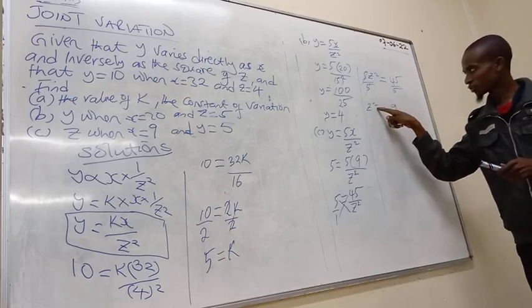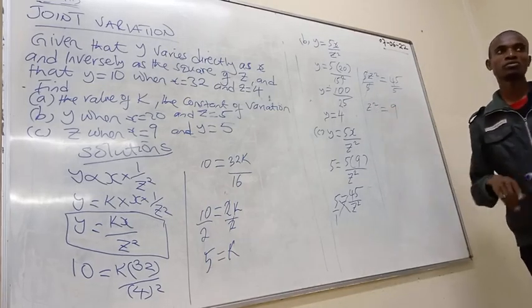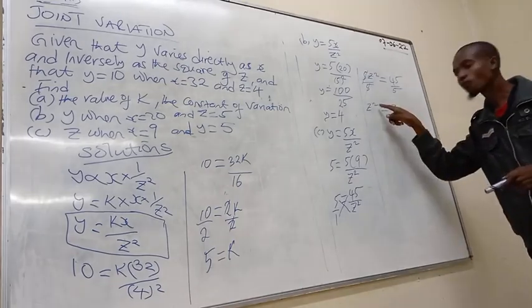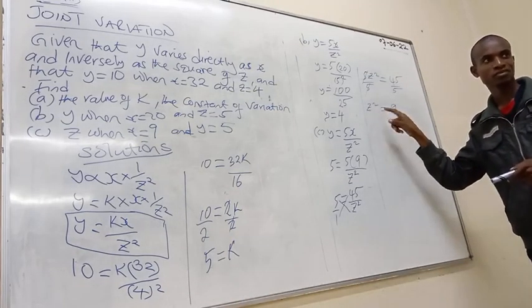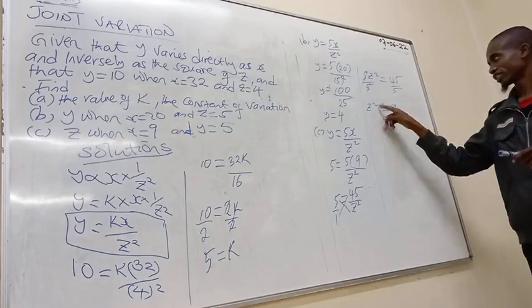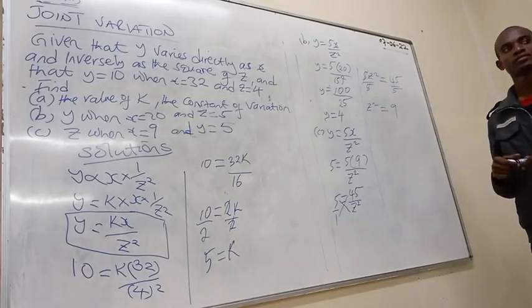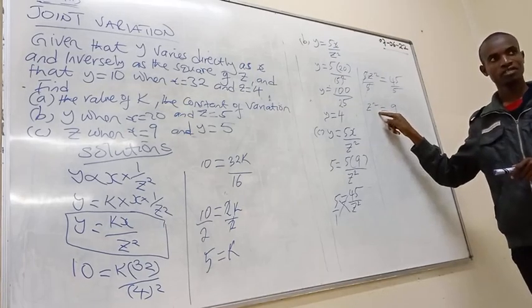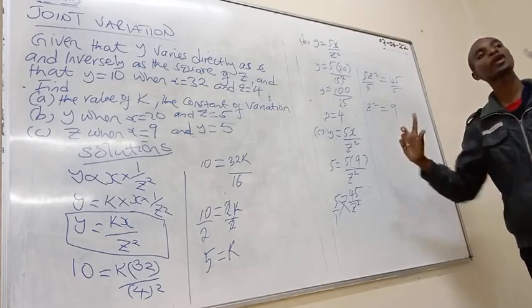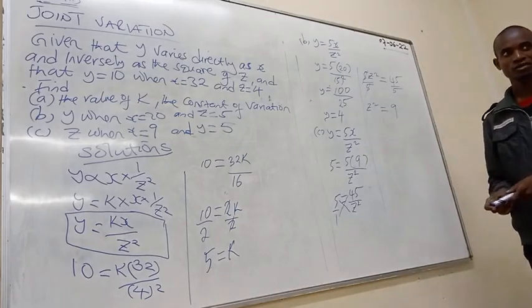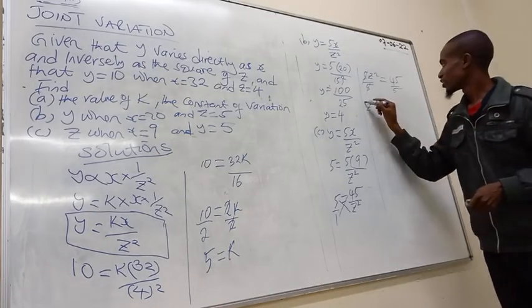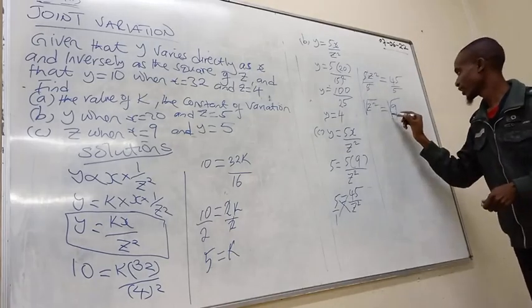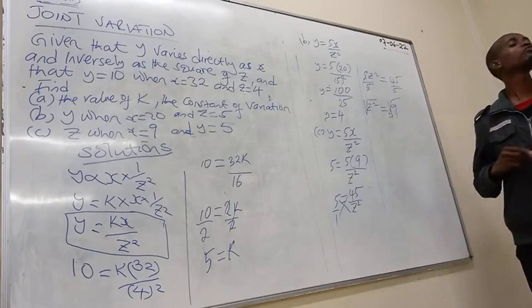We need to get rid of this square, this power 2, so that z remains alone without a square. Since there's a square, we introduce the square root. Once you do that, you write plus or negative because there will be 2 values.